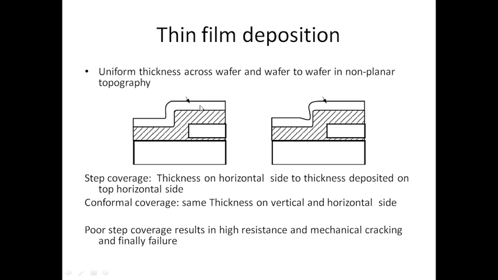If the deposition is of perfectly the same thickness both on the horizontal as well as the vertical, then it is the best type of deposition. We call it a conformal coverage. So it is a conformal coverage if the thickness is the same on vertical and horizontal sides.